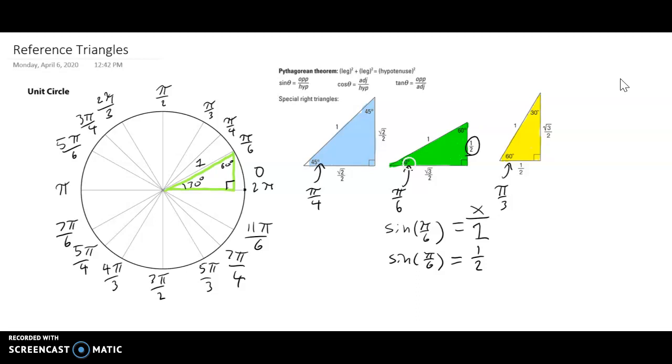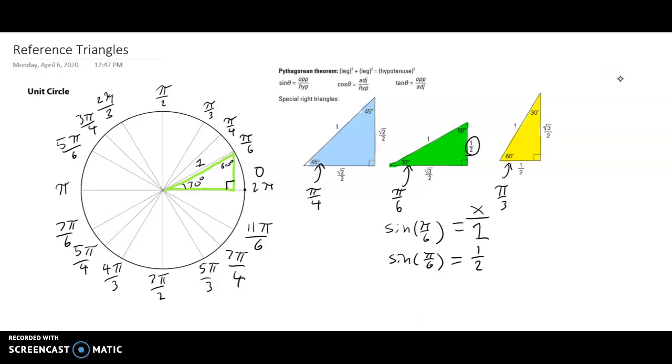In this specific triangle with a hypotenuse of 1, the sine of the 30-degree angle, or the pi over 6 angle, is 1/2. So the reason I showed you all that is that's how we derive some of these side measures. Again, there's a video detailing how you get each of these side lengths, on YouTube.